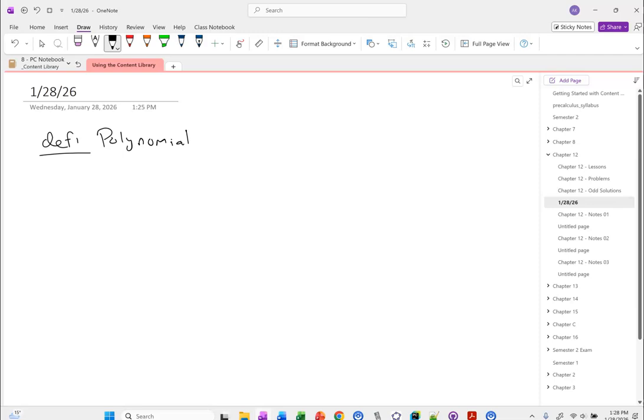So a polynomial is like a type of function that can be written in this form. A polynomial basically kind of looks like this.